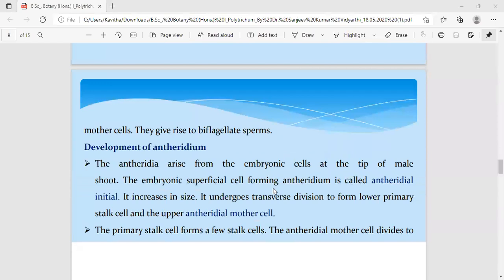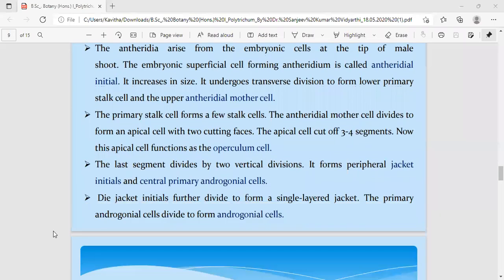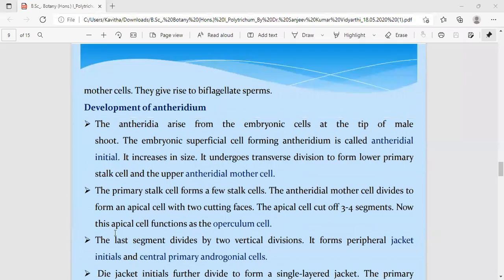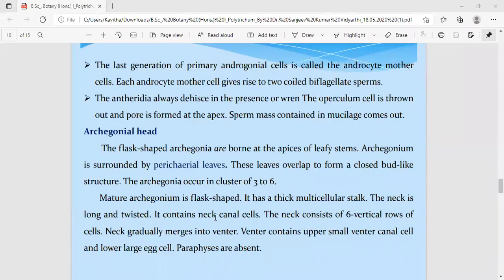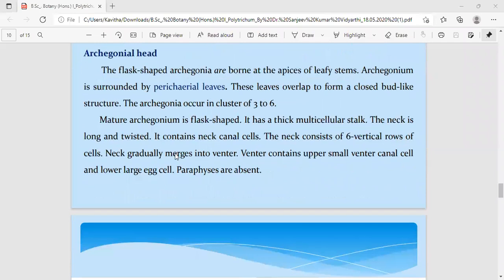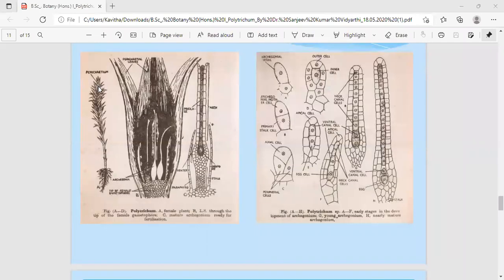Now, next we'll go to the archegonial head. That is the female part of the female plant. So just like the antheridial head, the archegonial head is developed on the apical part of the main axis of the plant body.